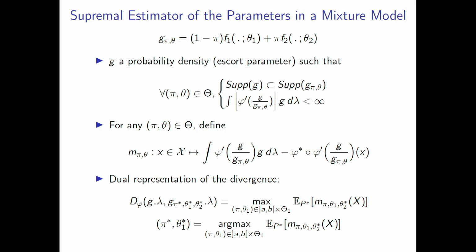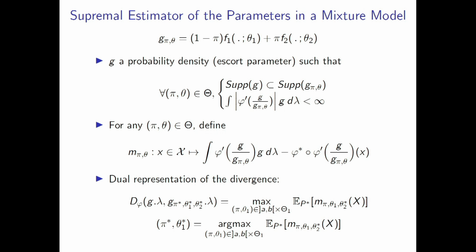We have a few hypotheses to be fulfilled. So we look at the divergence between this G and G star, which is here, and we can write it as the maximum over the parameters of this expectation, which is simply the same integral as before. This is the expectation under P star of a function that we call m, and we put in m exactly what we need to put for the dual representation to hold.